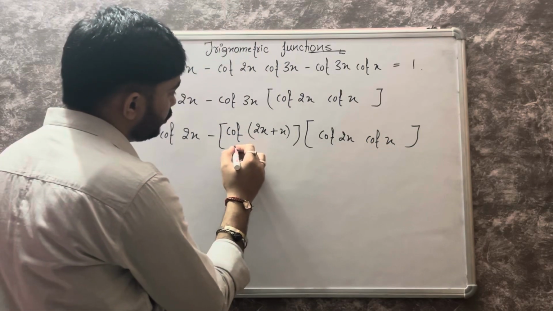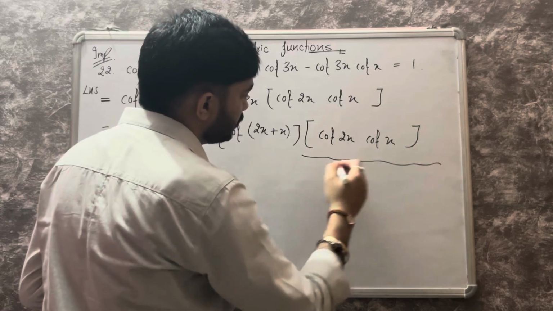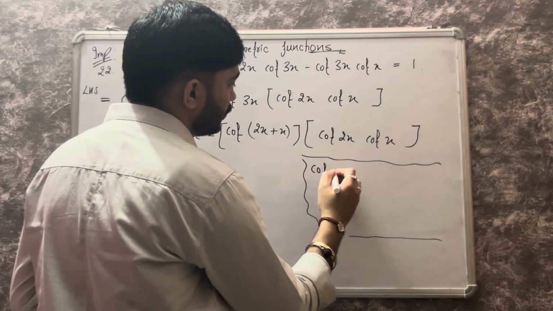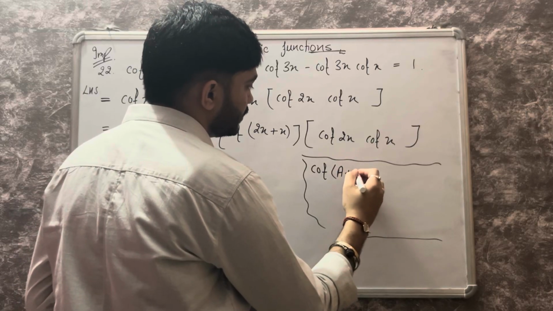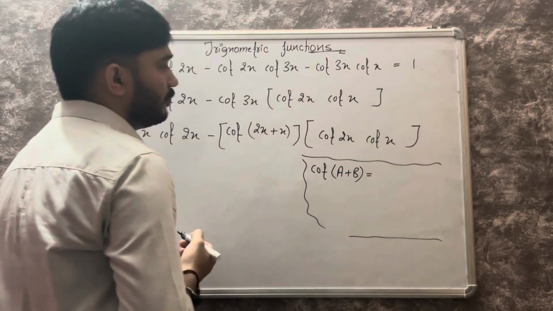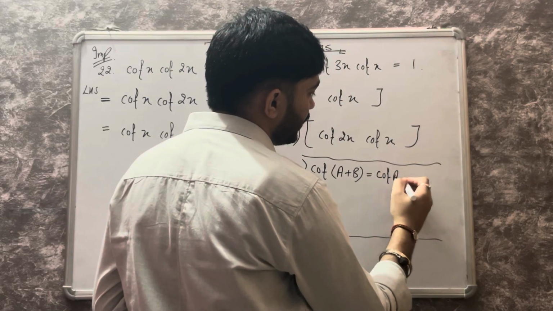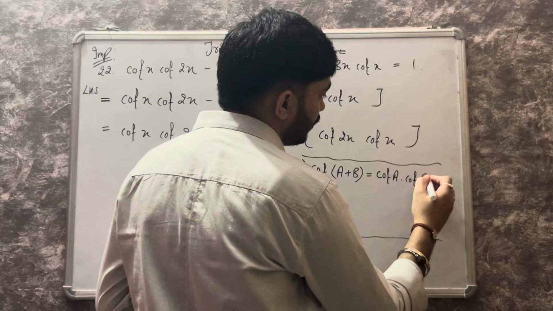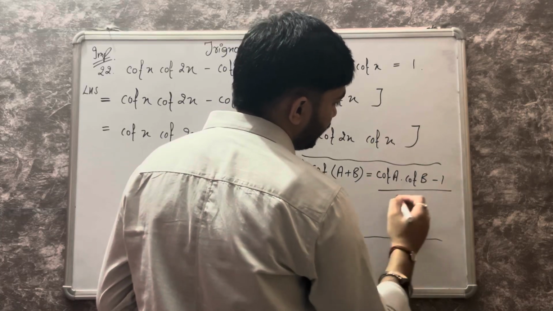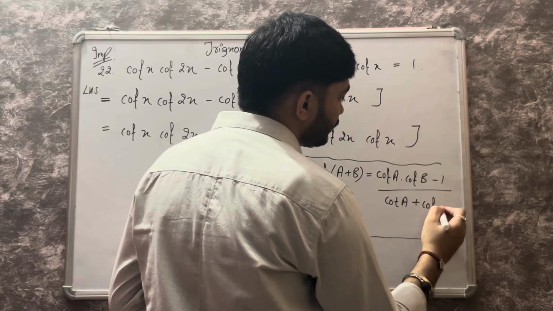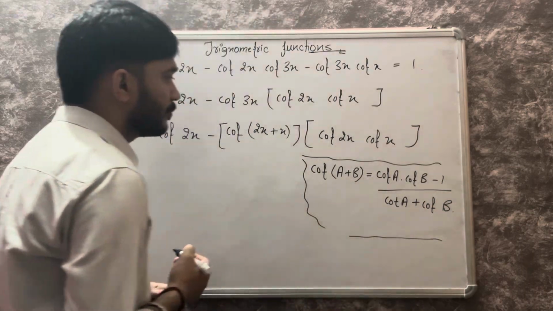Here we are going to use the formula. Which formula? The formula for cot of a plus b, which is cot a into cot b minus 1 divided by cot a plus cot b.